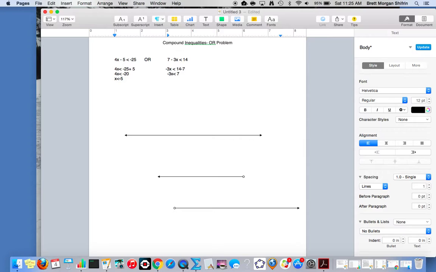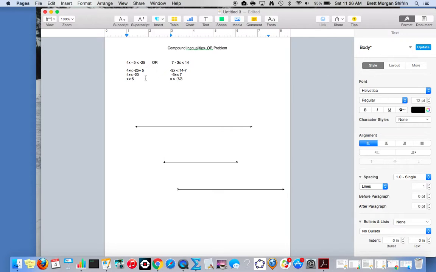And then I'm going to divide by negative 3. And I get x, remember to flip that inequality sign, is greater than 7 over negative 3, or negative 7/3. So let's put that negative in front of the 7.